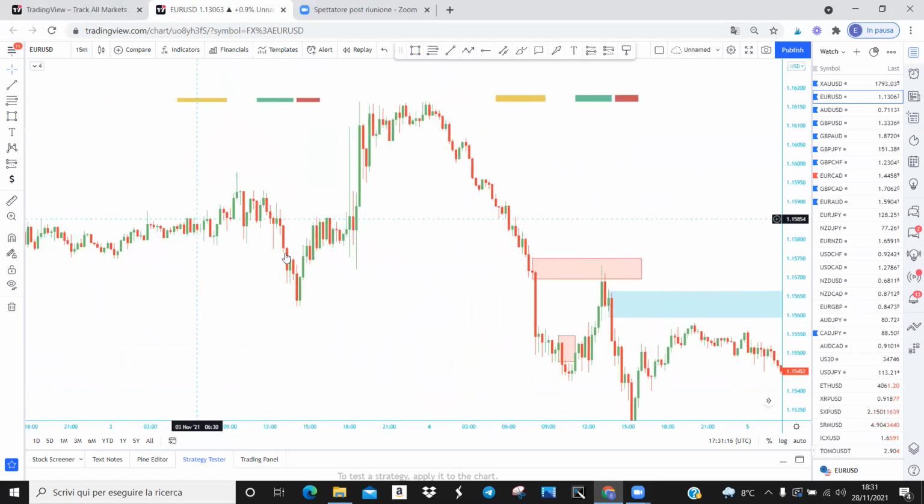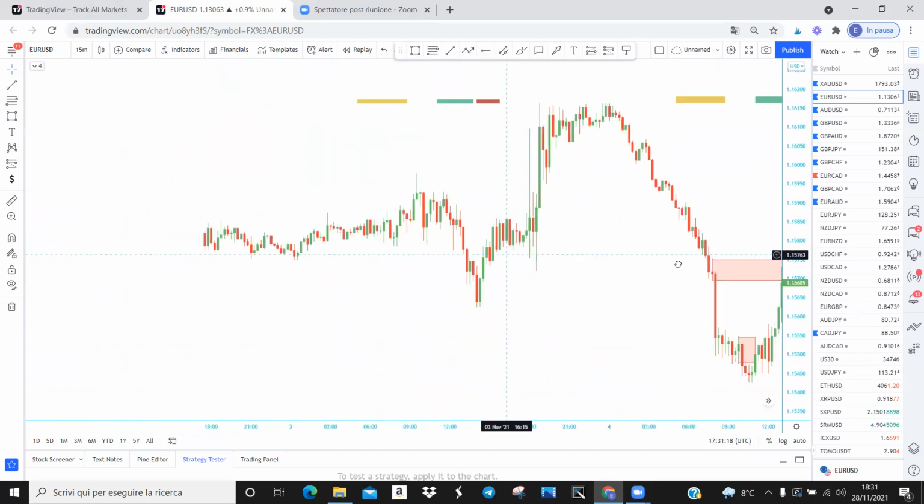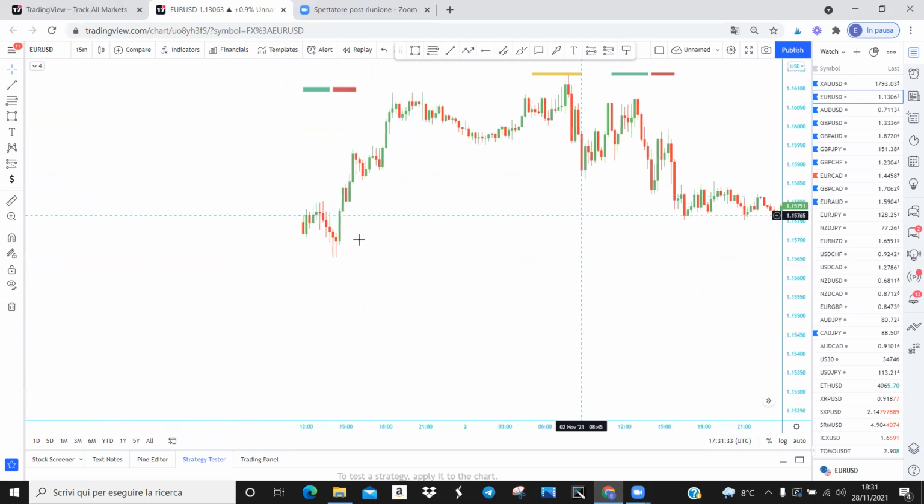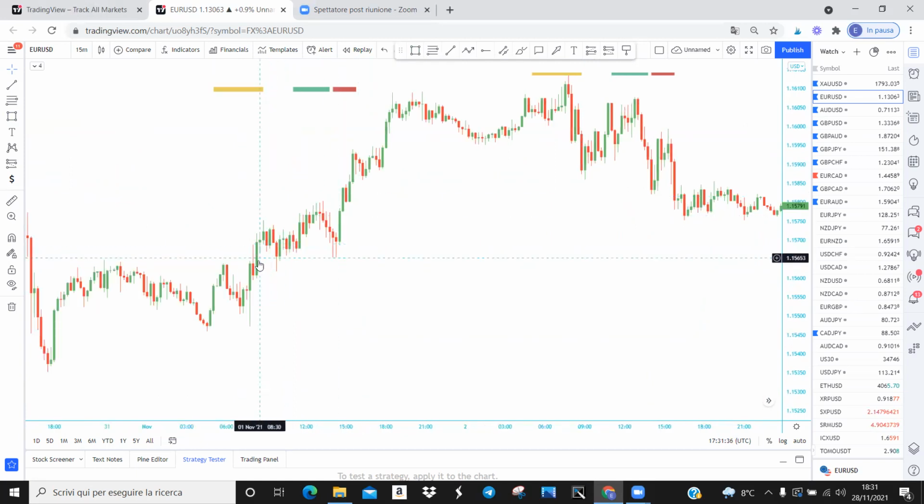Let's see here, nothing, just ranging, to be honest. Here, do we have a lunch? No, this is still London. This is lunch break, but of course I can mark some order blocks, but they're not respected. Here, what do we see?